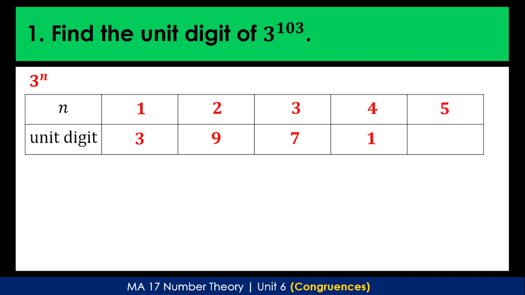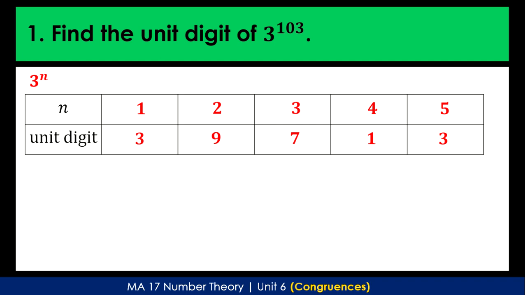And 3 raised to 5 is 243, so the unit digit there is 3. If we continue, 3 raised to 6 is 729, with a unit digit of 9, and 3 raised to 7 is 2187, so that's 7.